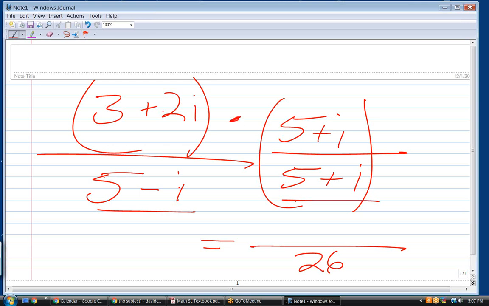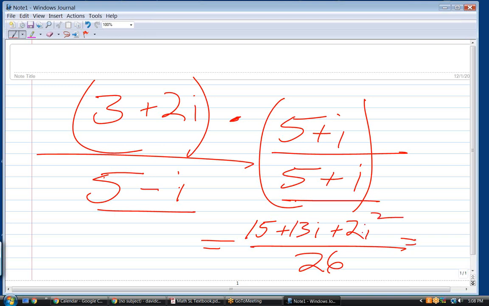In other words, I have to multiply this complex number by 5 plus i, just because I can't multiply the bottom by something without multiplying the top by it also. What's the top become? 15, we did something close to this, but this is plus 13i, plus 2i squared.